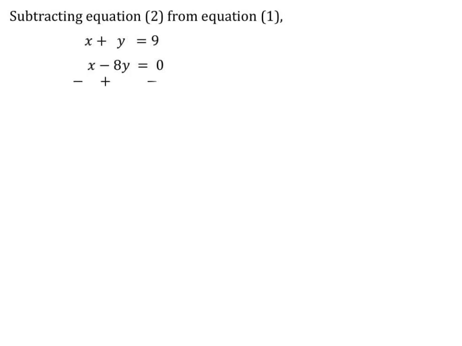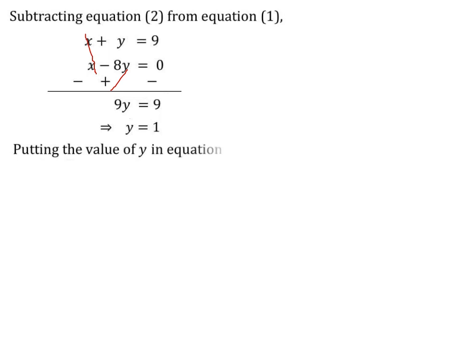Changing the signs, minus plus and minus, x will be eliminated, so I will get plus y plus 8y, sign is changed, so I will get 9y equals 9, so y equals 1. Now putting this value in equation number 1, I will get x plus 1 equals 9, so x equals 8.